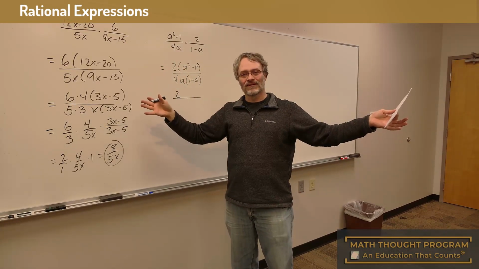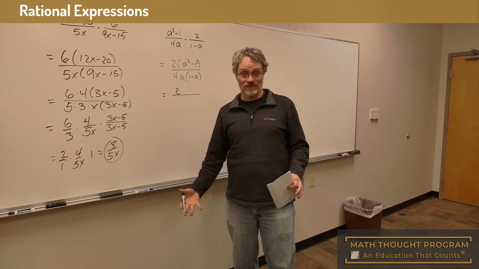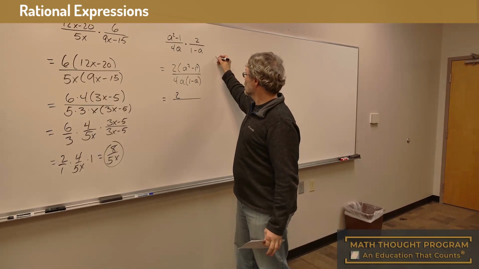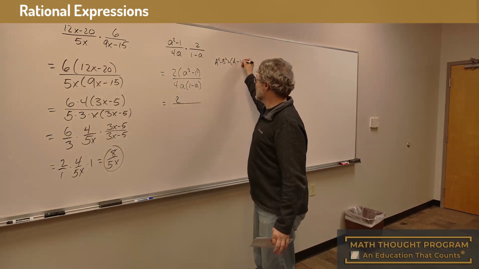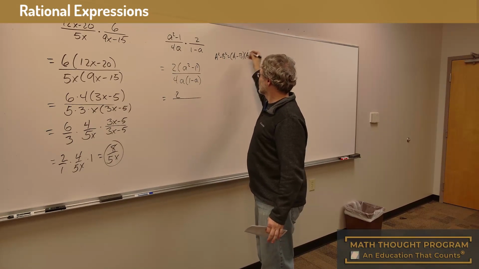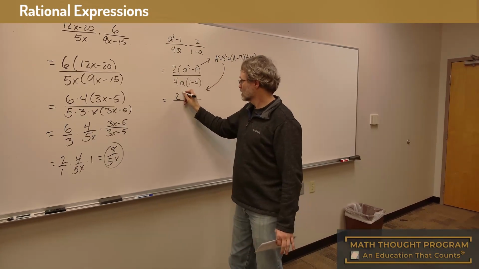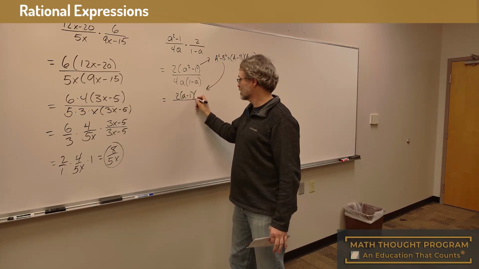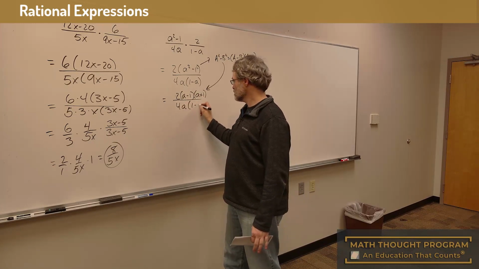No. It's the difference of squares property. And remember, if I have a squared minus b squared, that's a minus b, a plus b. That's the property that I want to use. A minus 1, a plus 1.